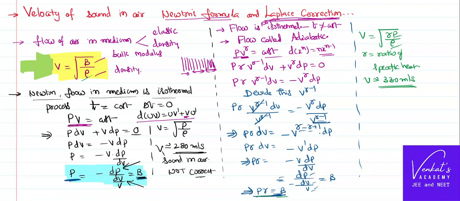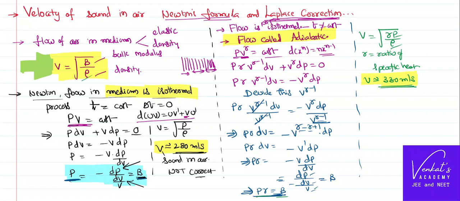So you understand the difficulty that we have. When Newton assumed the process as an isothermal process, he found velocity of sound in air as 280 meter per second, which is not coinciding with the practical value. When Laplace assumed that the process is not isothermal but adiabatic, by substituting he got a value of 330 meter per second, which coincides with the acceptable range of the velocity of sound.